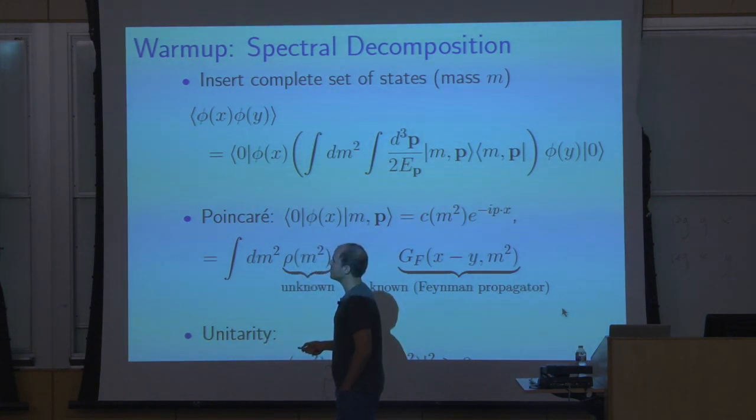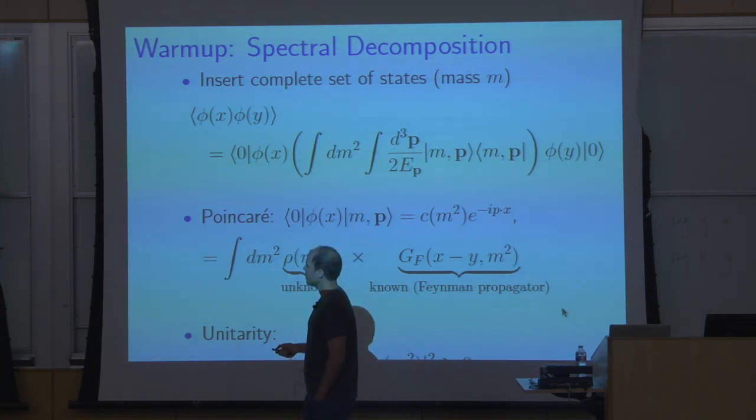We can take this thing that's fixed by symmetries and stick it in here and compute what we get. And this is the result. The result has 2 pieces. One piece is called the Feynman propagator. This is the piece that's completely fixed by symmetry. It just comes from this exponential and doing the integral, and that's it. And it gives you this interesting function.